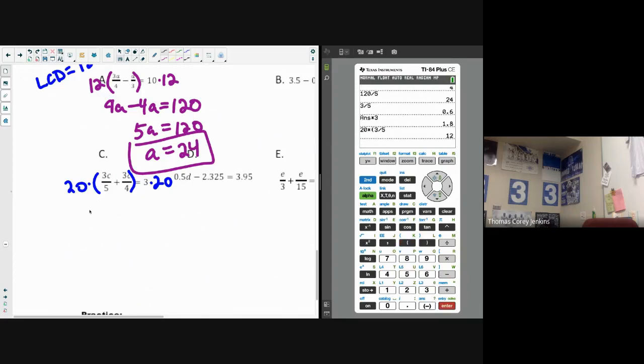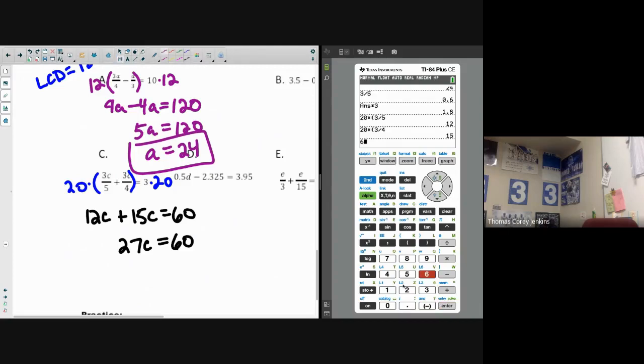So 12C plus 3/4 times 20, that'll be 15, equals whatever 3 times 20 is, so that'd be 60. Now we're adding those together. 12 plus 15 is 27, so that's 27C equals 60.